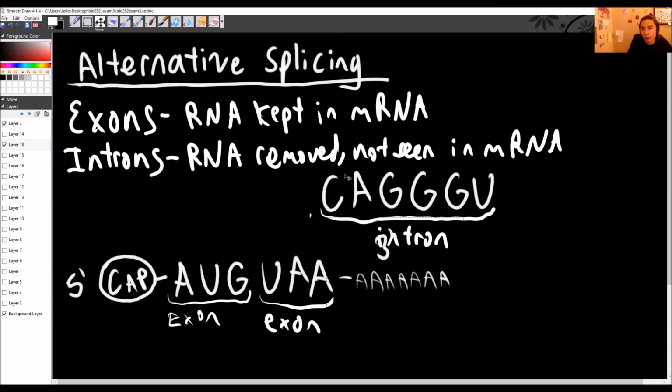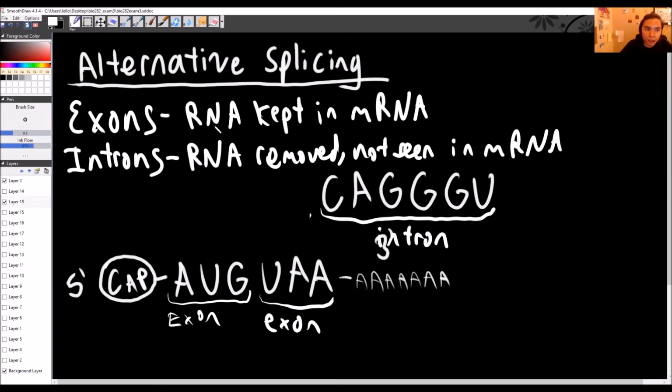And because there's a different mRNA, it will produce a different protein. So alternative splicing means that eukaryotes are able to remove what they don't want, keep what they want, and they can do these in different ways. A way to remember exons from introns is that exons are expressed. They're the ones that are actually translated. And introns are not expressed, they're removed.